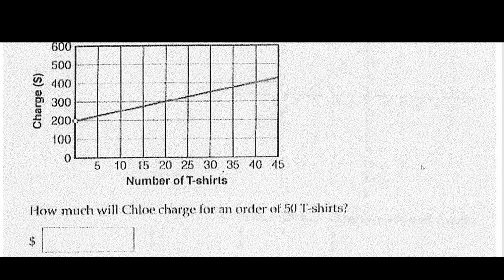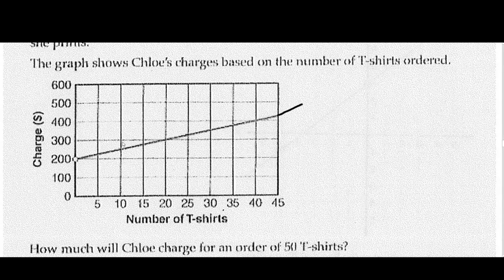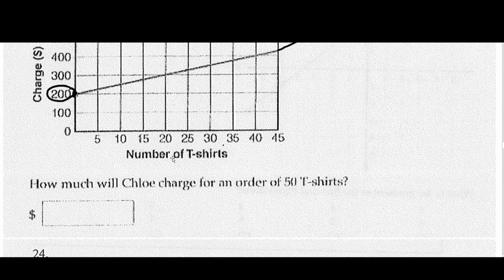So here it's going to keep going up. She charges $200 to design the logo and a fixed price for each t-shirt she prints. So there's the initial 200. This is the initial 200 for the logo, and then let's look at it.